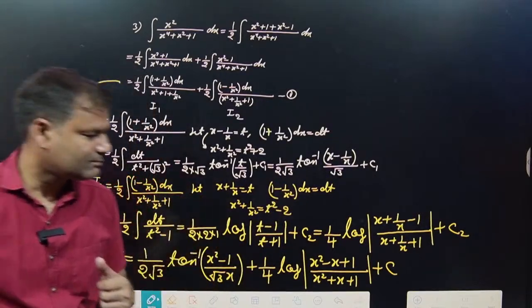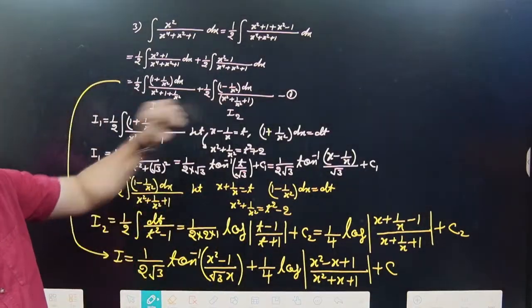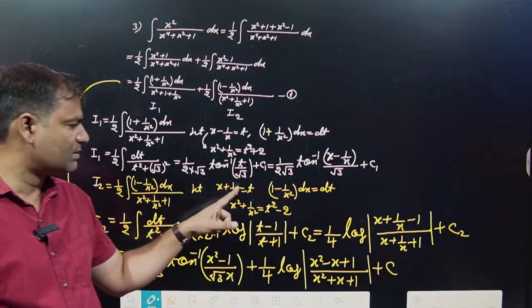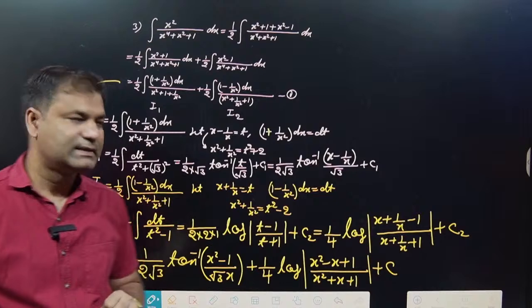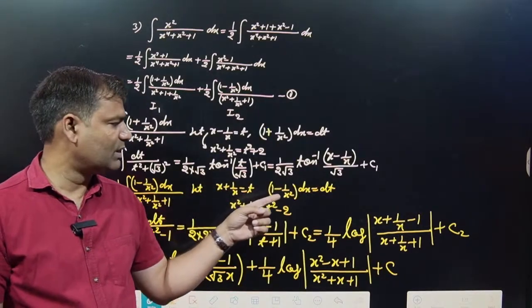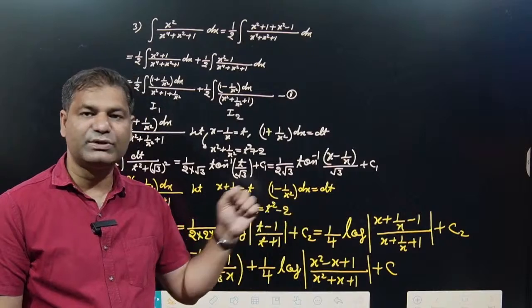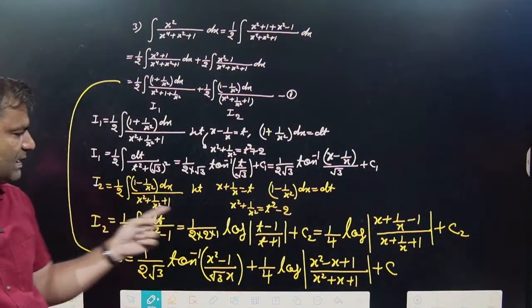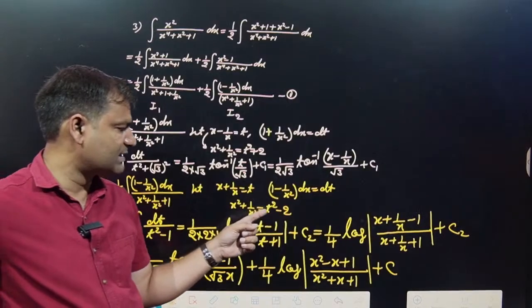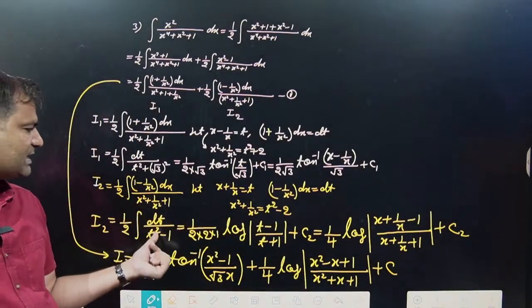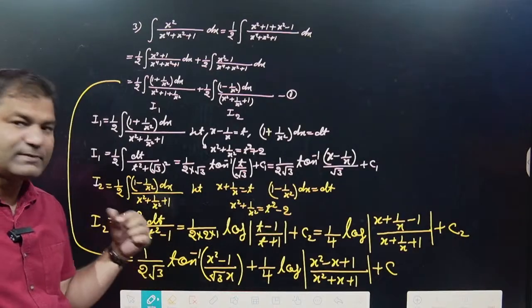After that, the second part, look here very carefully. Let x plus 1 upon x be equal to t. So the differentiation of this one is 1 minus 1 upon x square dx replaced by dt. And here x square plus 1 upon x square is written as t square minus 2. So that one is replaced by t square minus 2 plus 1, that is t square minus 1.